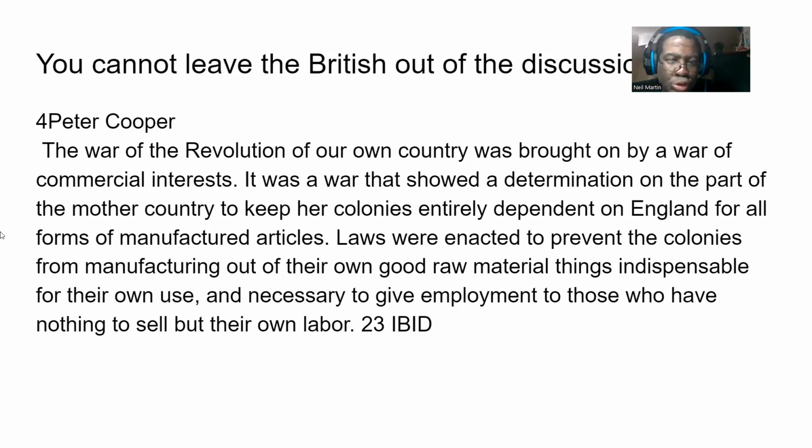"The War of the Revolution of our own country was brought on by a war of commercial interests. It was a war that showed a determination on the part of the mother country to keep her colonies entirely dependent on England for all forms of manufactured articles. Laws were enacted to prevent the colonies from manufacturing out of their own good raw material things indispensable for their own use and necessary to give employment to those who have nothing to sell but their own labor."